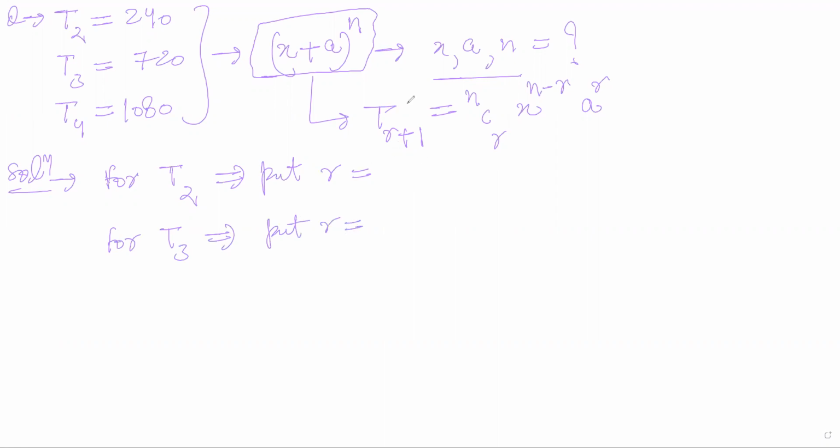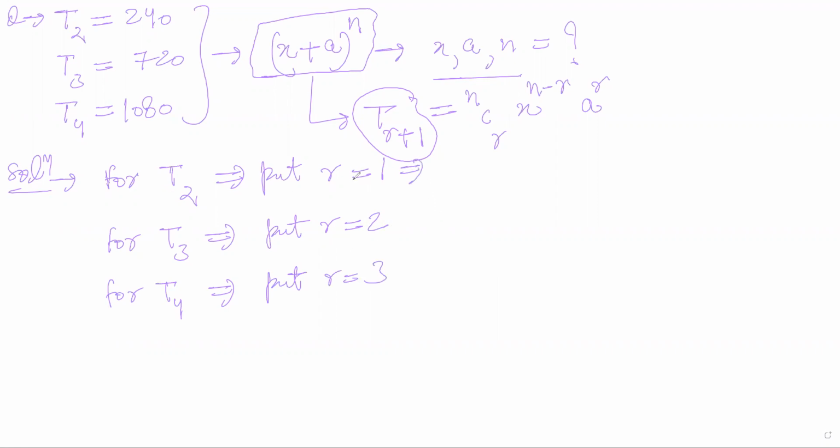If you put 3, what would you get here? T3 plus 1, which is T4. Yeah, 1. And for T3, what should you put r as? 2. And for T4, put r as 3.